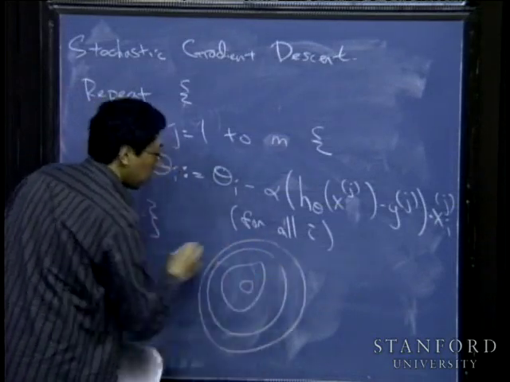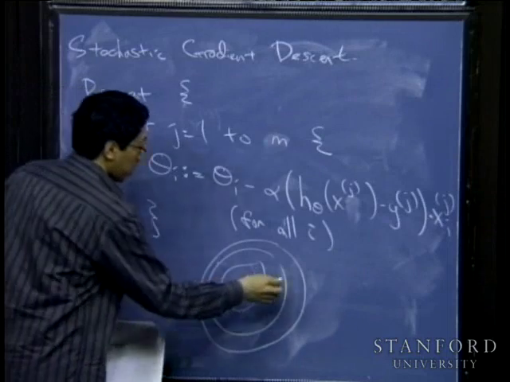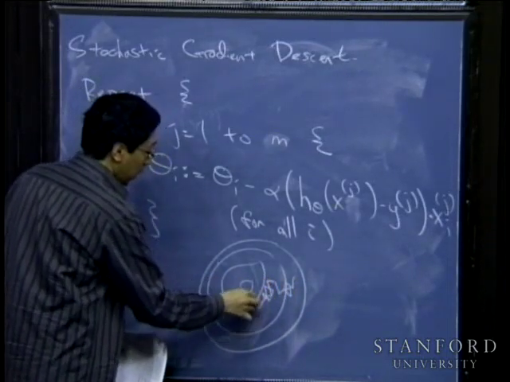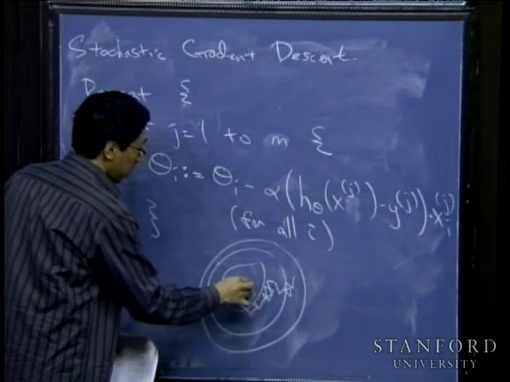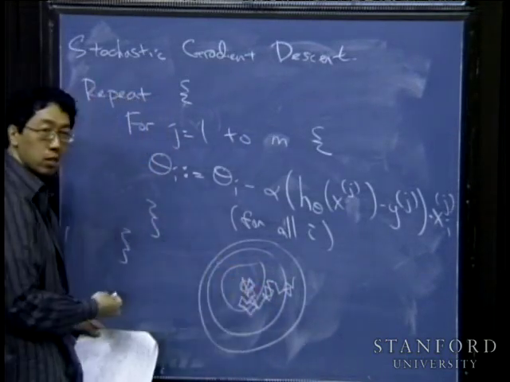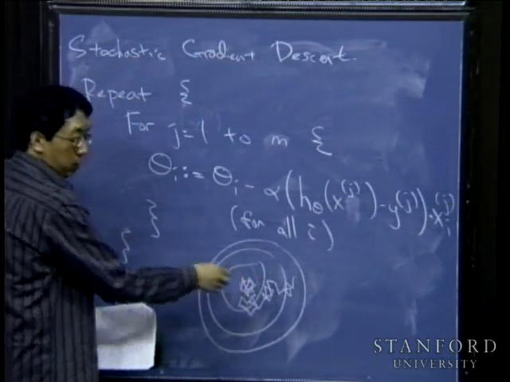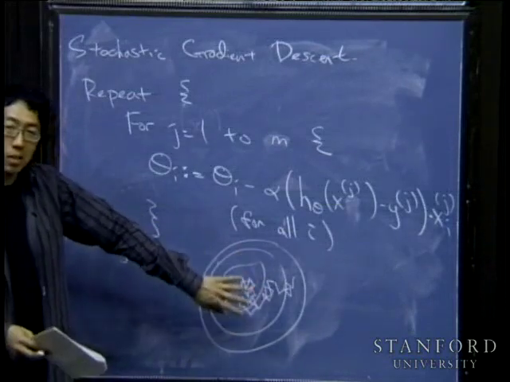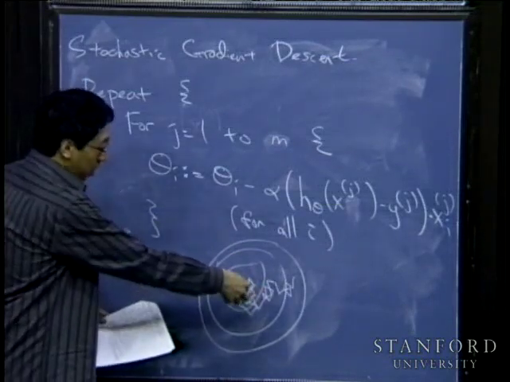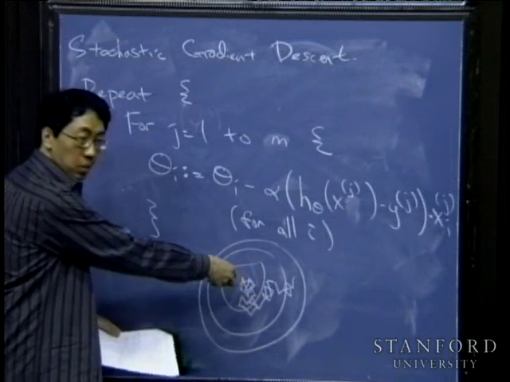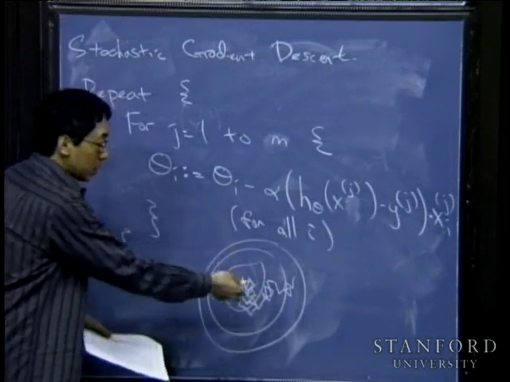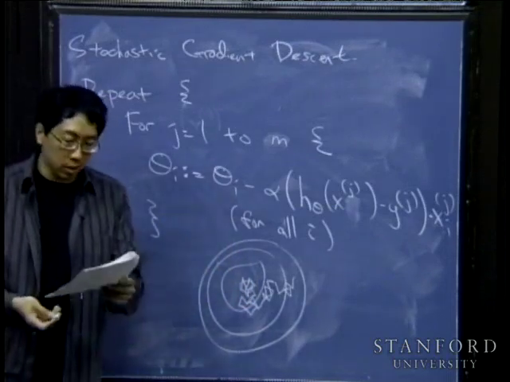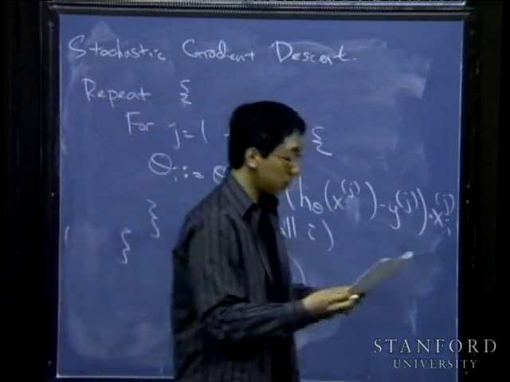If these are the contours of your function, then as you run stochastic gradient descent, you tend to wander around, and you may actually end up going uphill occasionally, but your parameters will tend to wander to the region close to the global minimum, and keep wandering around a little bit near it. And often that's just fine, to have parameters that wander around a little bit near the global minimum. In practice, this often works much faster than batch gradient descent, especially if you have a large training set.